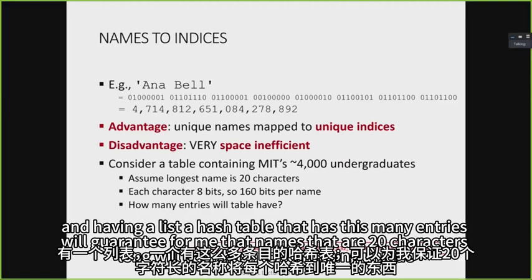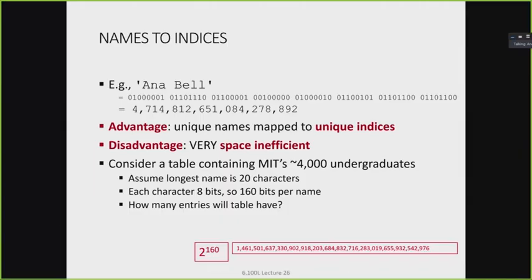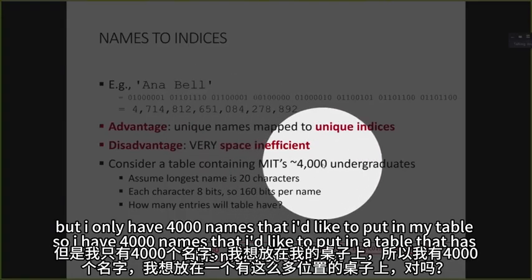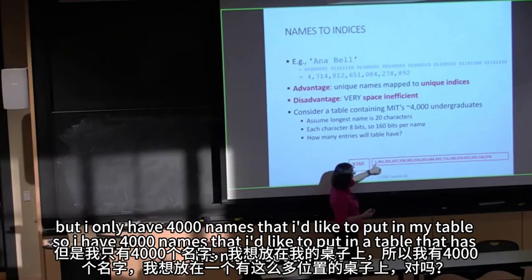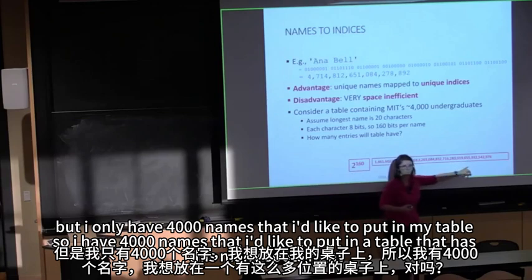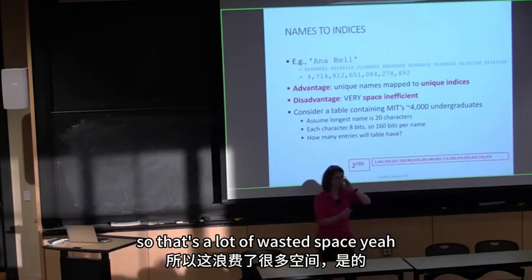And having a list, aka hash table, that has this many entries will guarantee for me that names that are 20 characters long will each hash to something unique. But I only have 4,000 names that I'd like to put in my table. So I have 4,000 names that I'd like to put in a table that has this many spots, right? So that's a lot of wasted space.